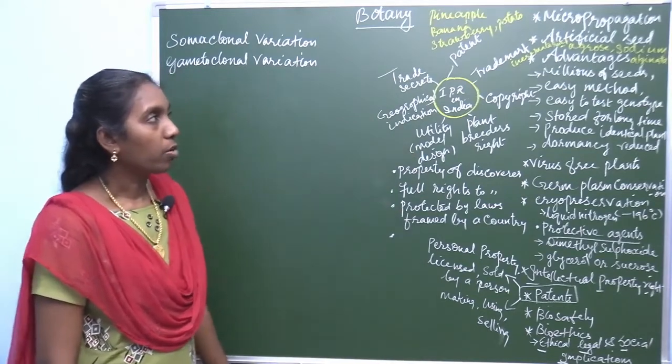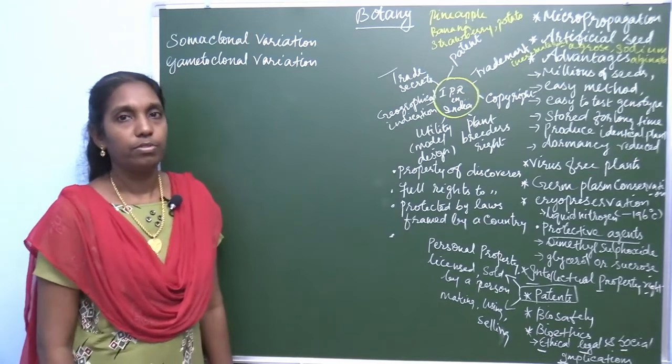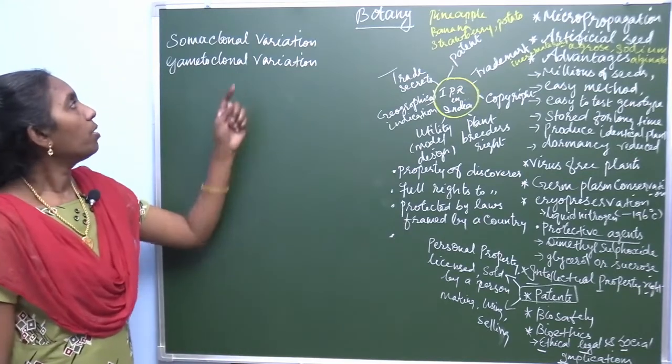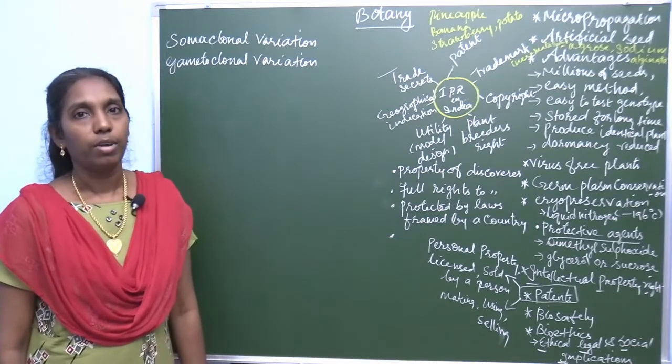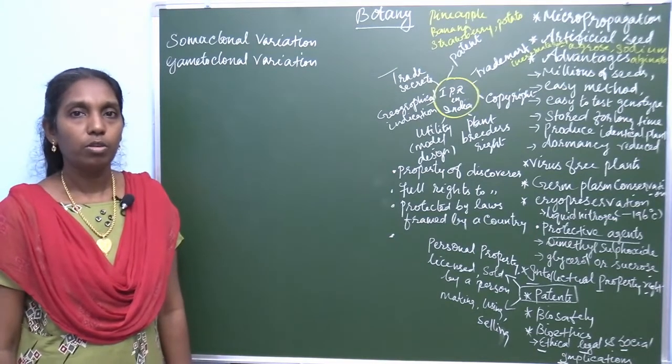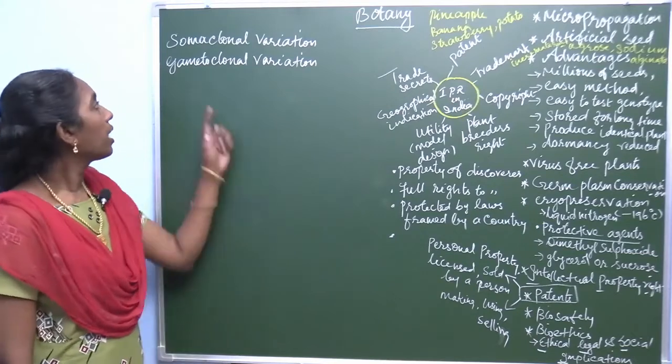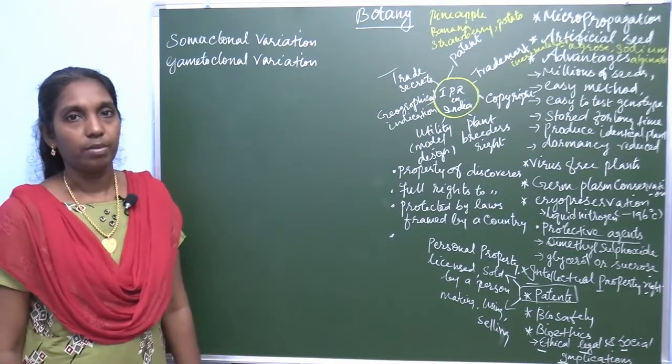Before learning micropropagation, there are two definitions: somaclonal variation and gametoclonal variation.